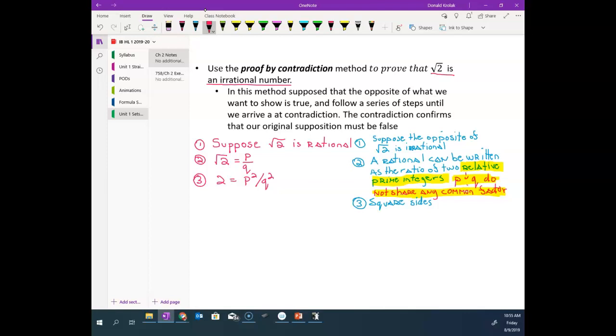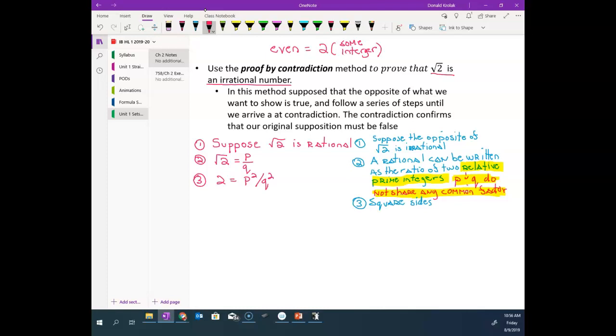Any even number is always equal to 2 times some integer. Every even number can be written as 2 times a number. So I want to get these so that they equal 2 times some number.